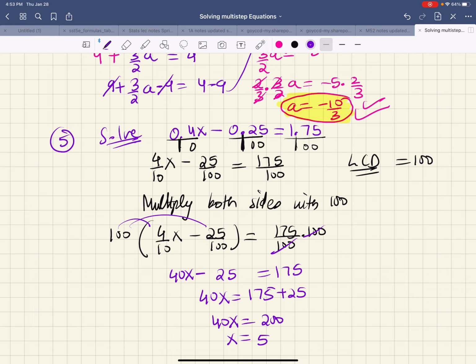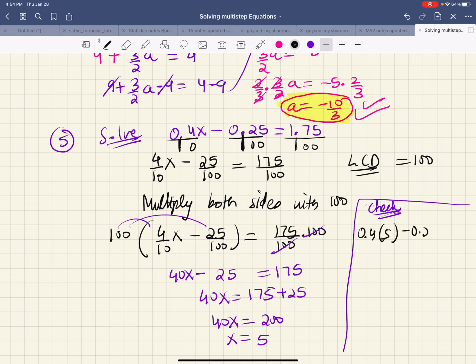Now again, before I box, circle, do anything to this answer, I must plug into the original one, check and make sure my left hand side and right hand side are equal, just to be sure that I didn't mess up along the way. There's a lot of operations you're doing when you're solving these multi-step equations, okay? So 0.4 times 5 minus 0.25 equals 1.75.